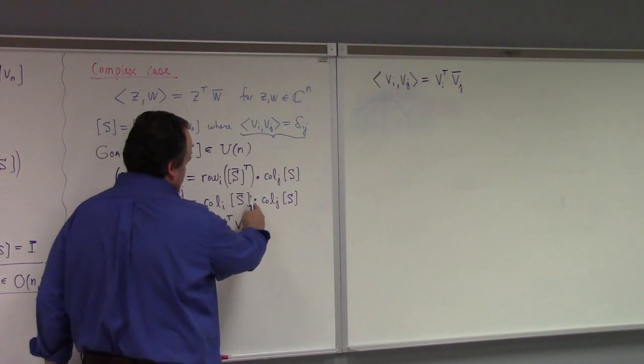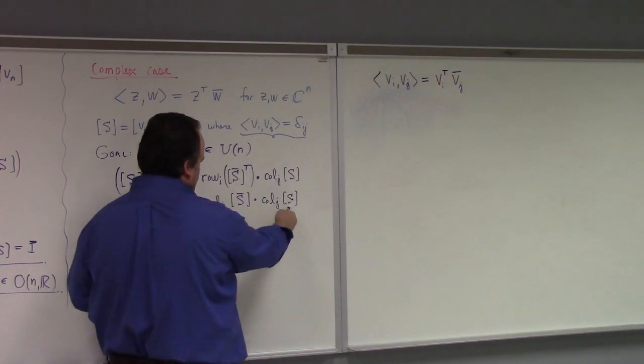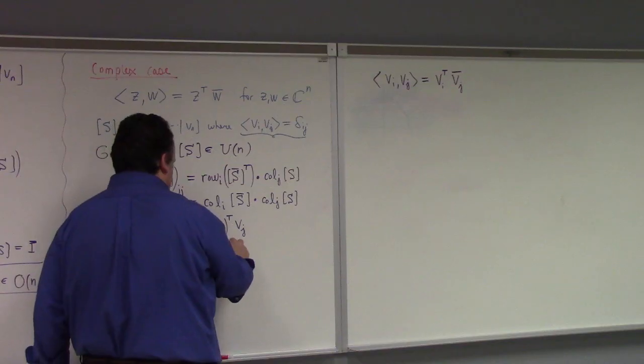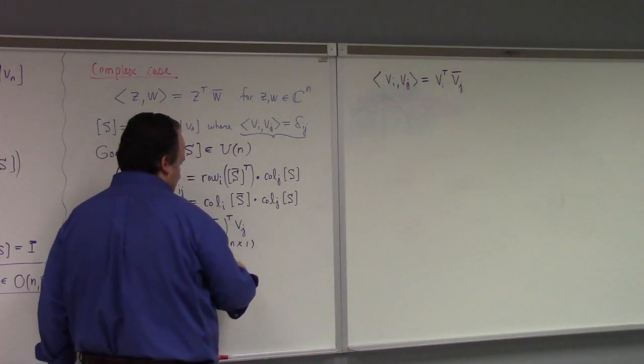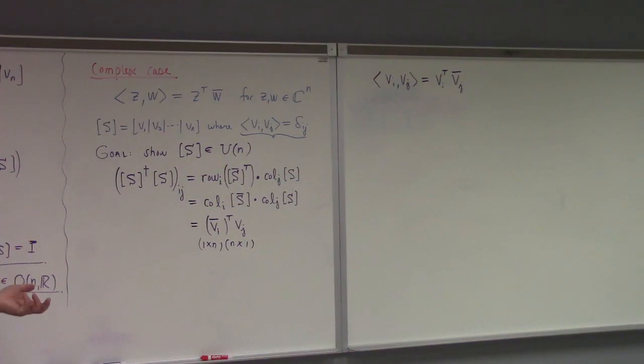Oh, the dot product is like, you do the transpose of the vector times the other one. So this is like a 1 by n times an n by 1. That's what I mean by dot product there. They're complex vectors. What do I mean by dot product of complex vectors? I simply mean the first times the first plus the second times the second plus the third times the third, dot, dot, dot.